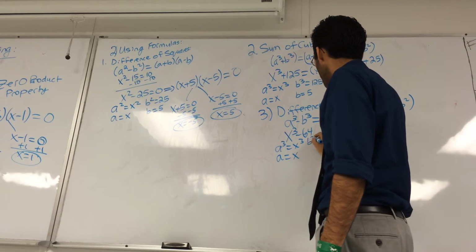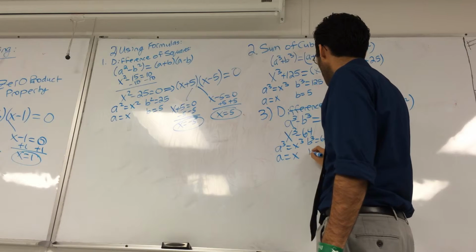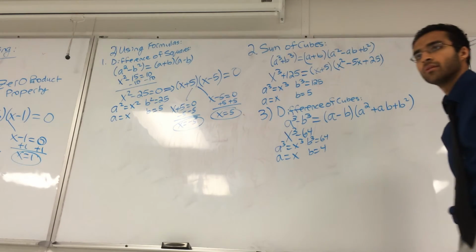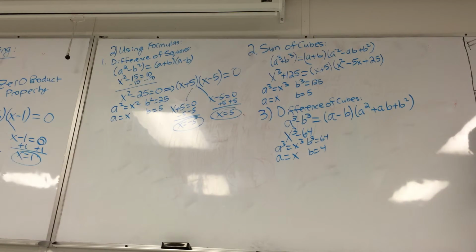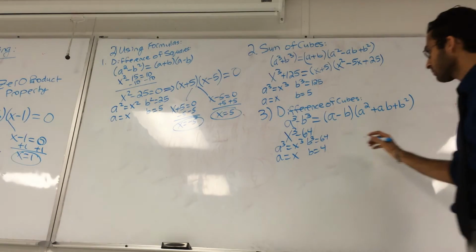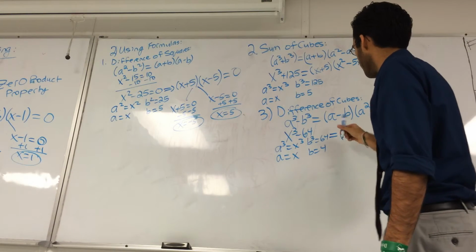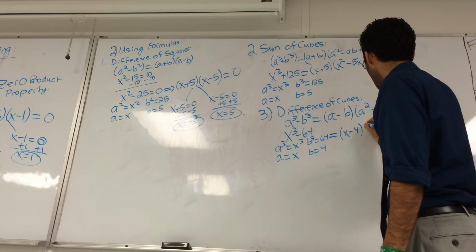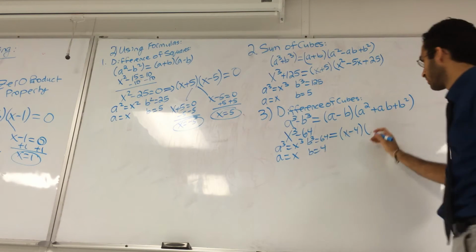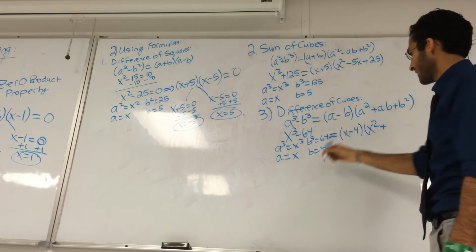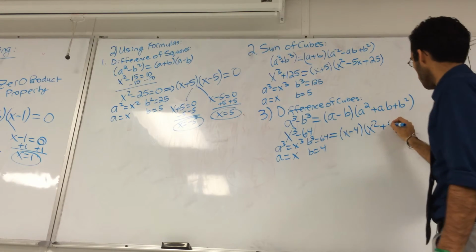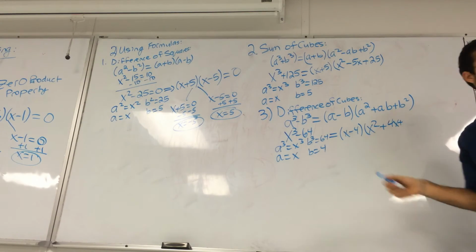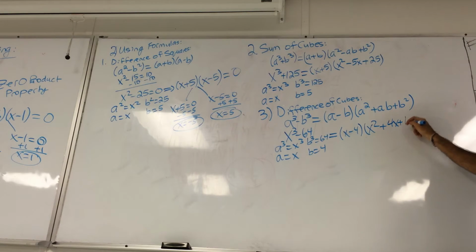I'd encourage people to write b cubed equals 64 and b equals 4. And then I would simplify. A minus b, so x minus 4. A squared, well that's x squared. Plus a times b, that's x times 4, so 4x. Plus b squared, 4 squared is 16. And that's the answer.